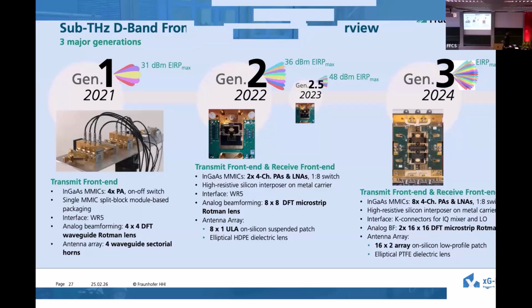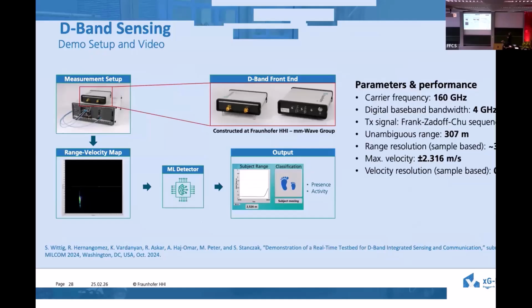And then okay, so here you can see what we can achieve. We had a carrier frequency of 160 gigahertz, and at the moment we have 4 gigahertz bandwidth. So this is, when compared to FR1, 100 megahertz, a huge bandwidth. And then, of course, you can do much more, especially in the context of medical applications, right?